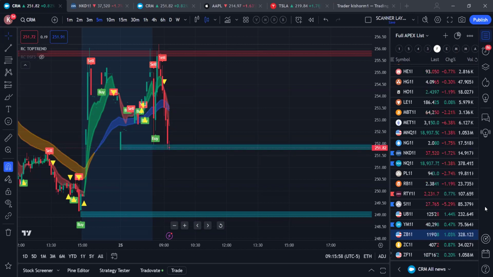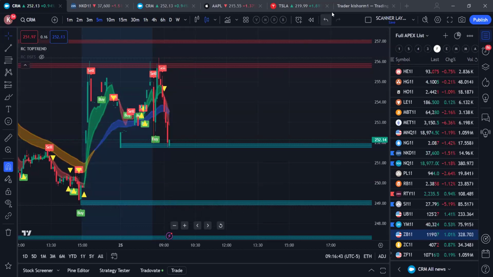Yeah, it is breaking the support. Yeah, let us close the last position. Last time it came here, it bounced. Again, it came here, it may bounce back.